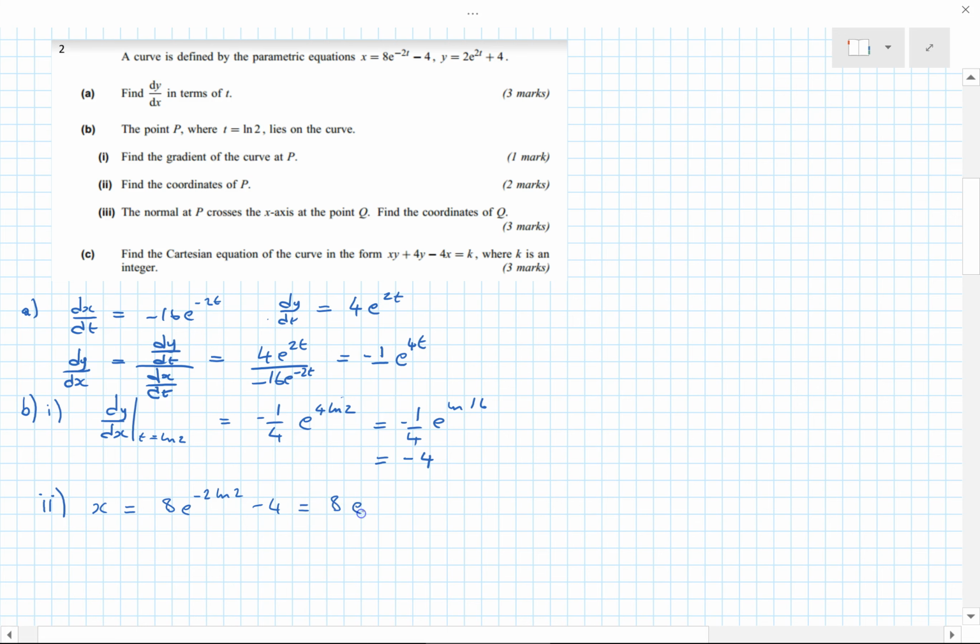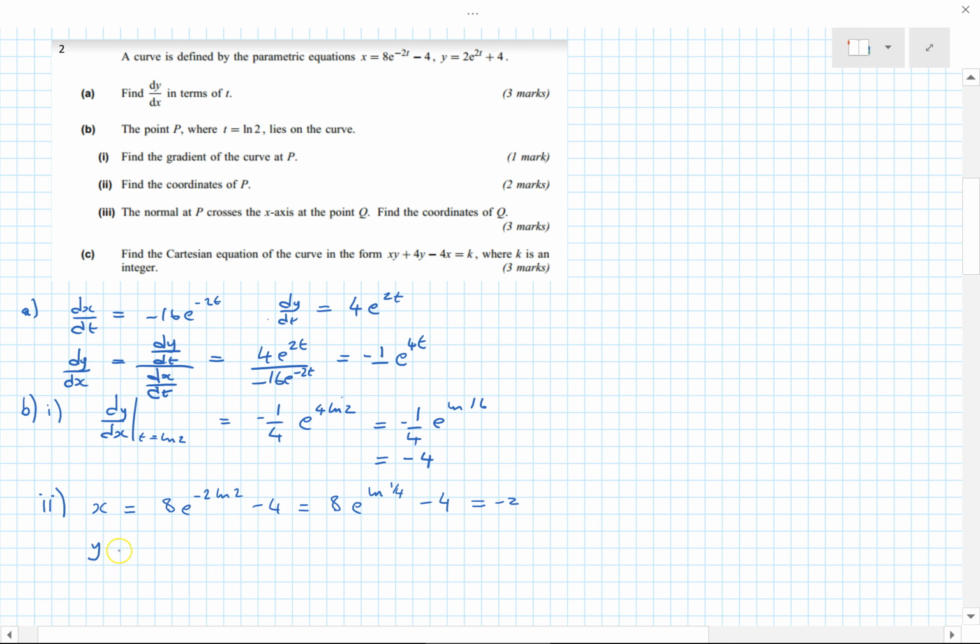That's 8 e to the, because I'm going to take the minus 2 as exponent on the ln 2, which is ln a quarter, minus 4. E to the ln quarter by definition is a quarter, so that's equal to 8 divided by 4 minus 4, which is equal to minus 2.